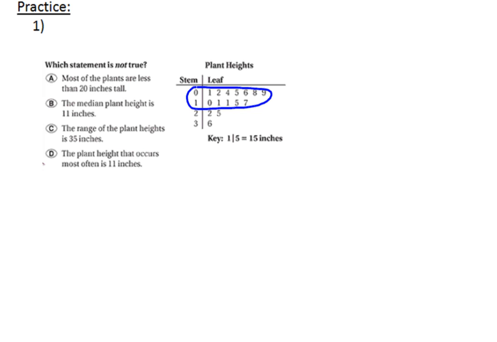The median is 11 inches. Well, in order to do the median, you could either write down all the numbers in your data, or you can cross them off straight from the stem and leaf. I'm going to cross them off from the stem and leaf. The smallest number cancels the biggest number.